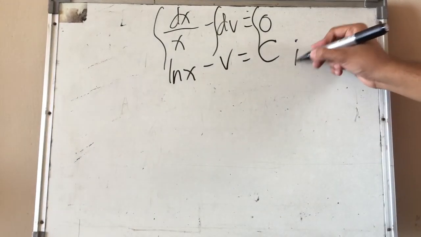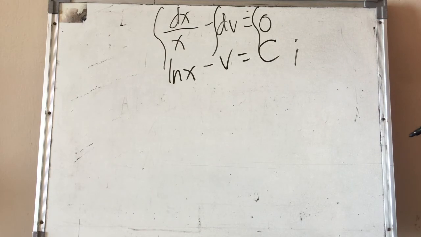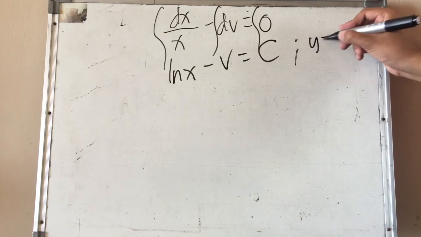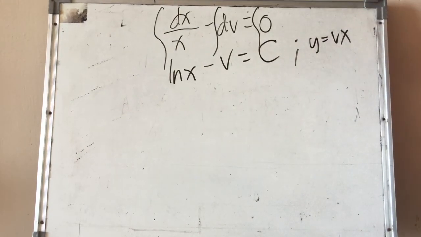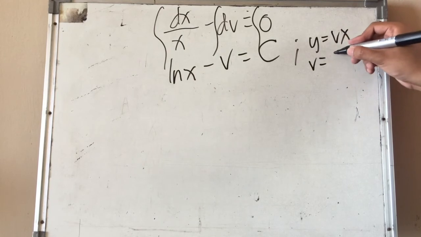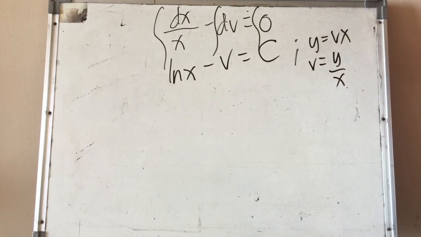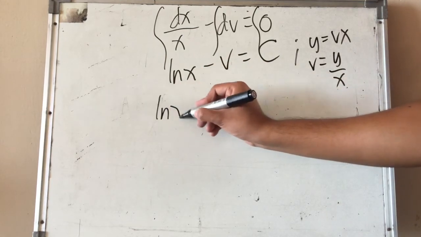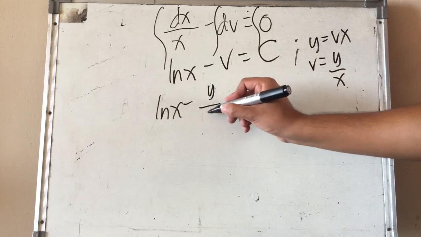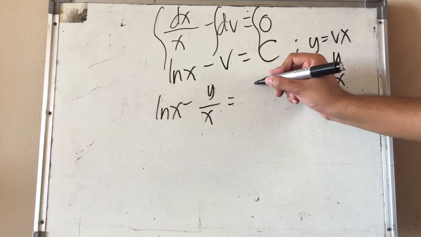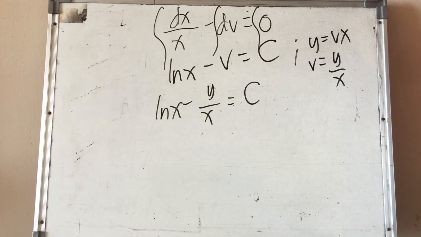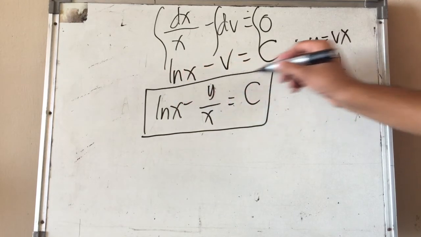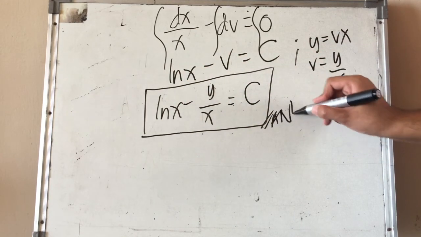From the first part of our solution, y equals vx, so v will be equal to y over x. So substituting v in our equation, this is ln x minus y over x equals c. So this is now our answer for number 1.